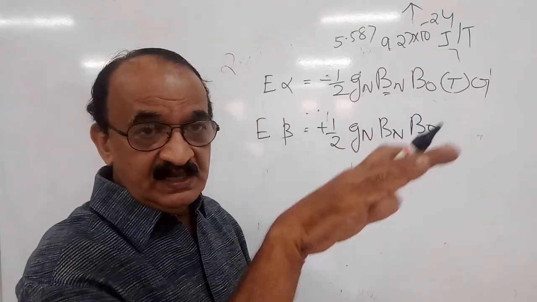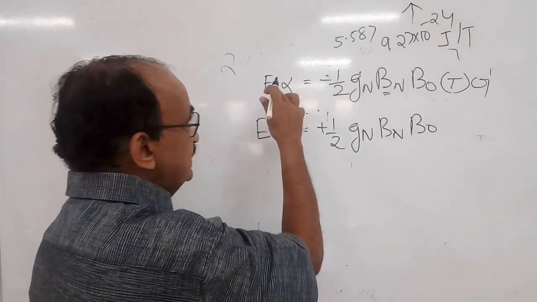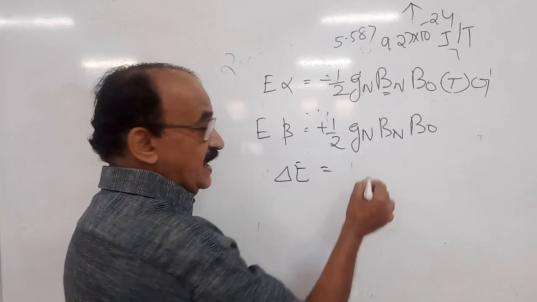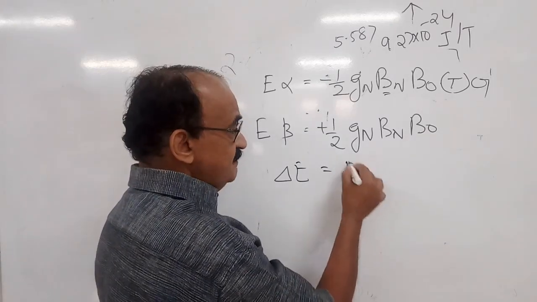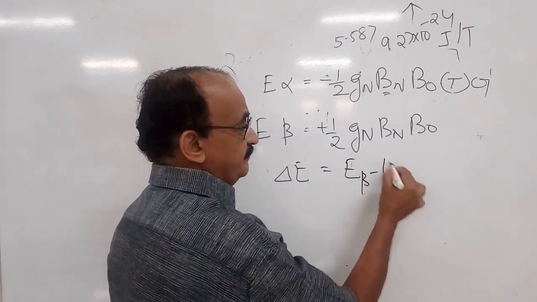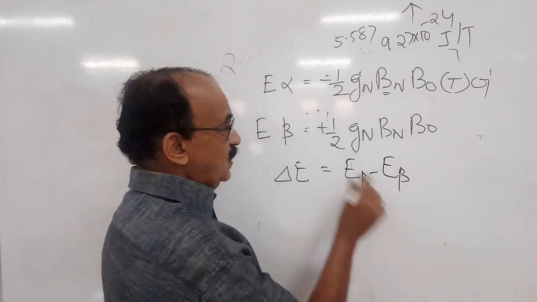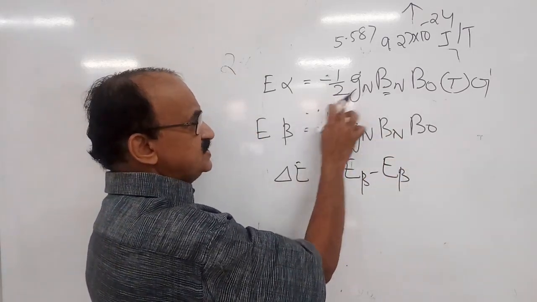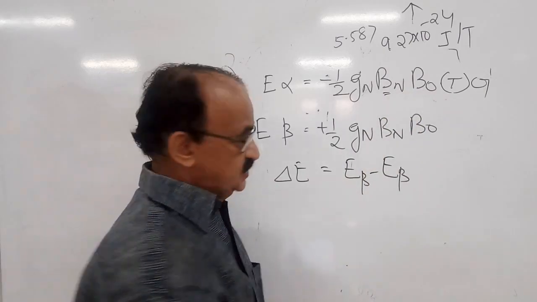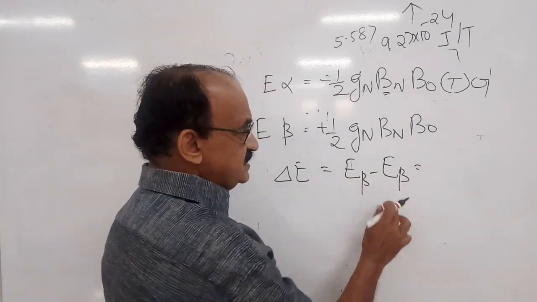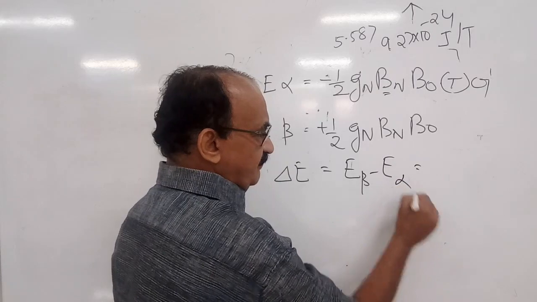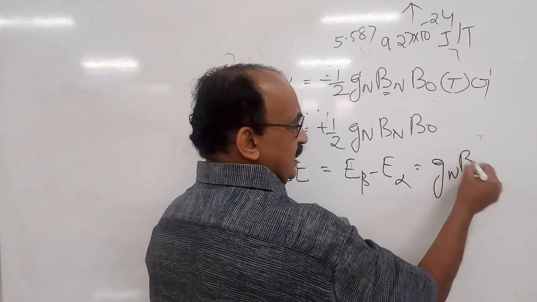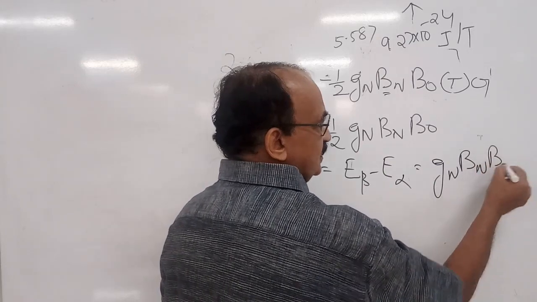Now the separation, the difference between the two energy levels, E alpha and E beta, that is delta E, equal to higher energy minus lower energy, that is E beta minus E alpha. E beta minus E alpha is equal to half Gn Bn B0 minus of minus half Gn Bn B0. So what are you getting? E beta minus E alpha is equal to Gn Bn B0.